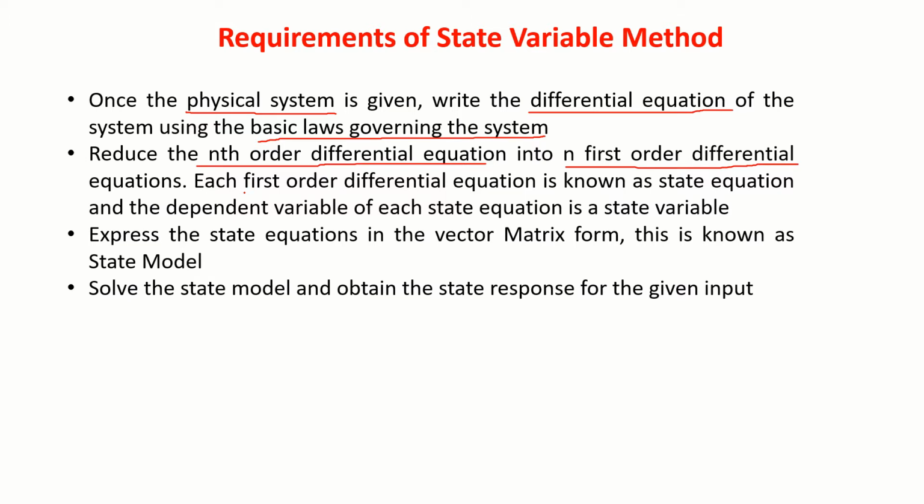Then the dependent variable of each first order differential equation is a state variable, and each first order differential equation is known as a state equation. So an nth order differential equation will have n first order differential equations, meaning there will be n state variables.